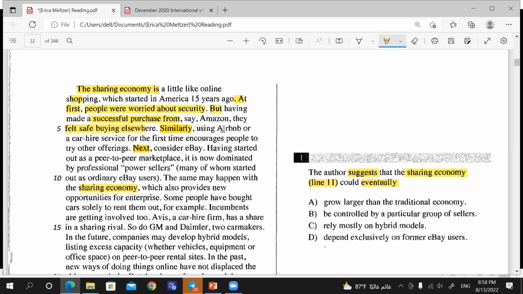Similarly, using Airbnb or a car hire service for the first time encourages people to try other offerings. Next, consider eBay. Having started out as a peer-to-peer marketplace, it is now dominated by professional power sellers, many of whom started out as ordinary eBay users.